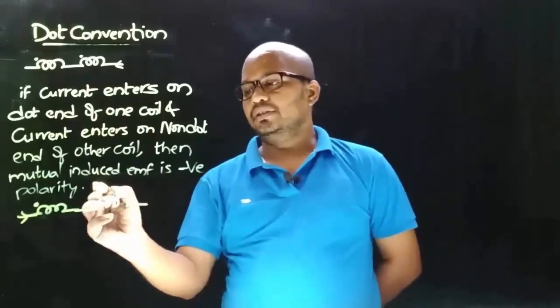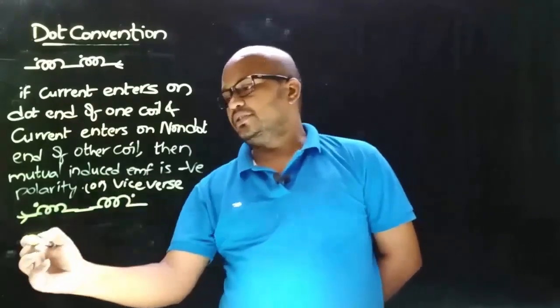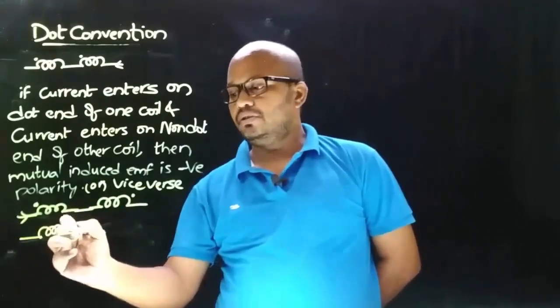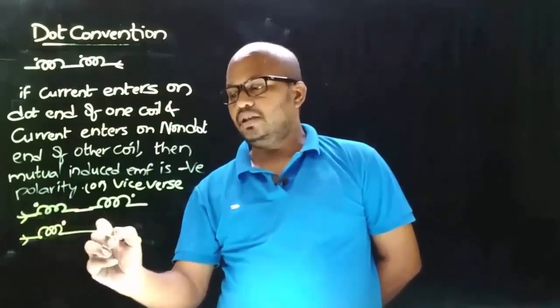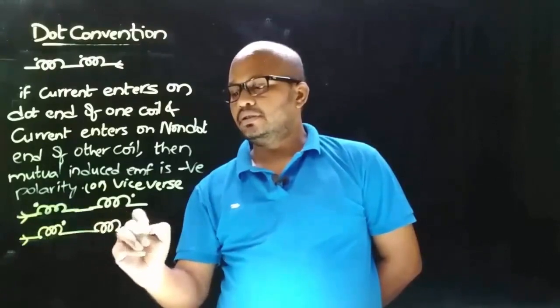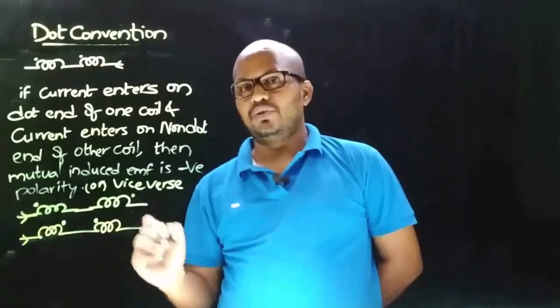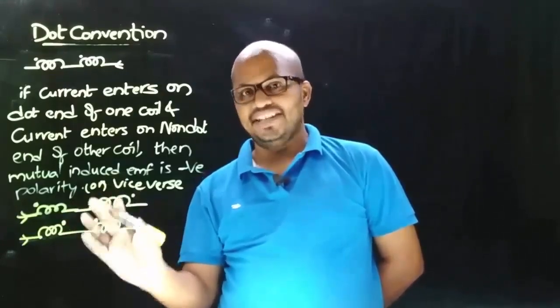And vice versa, that is, if current enters on the non-dot end of one coil and current enters on the dot end of the other coil, then in this case also the mutual induced EMF is negative.